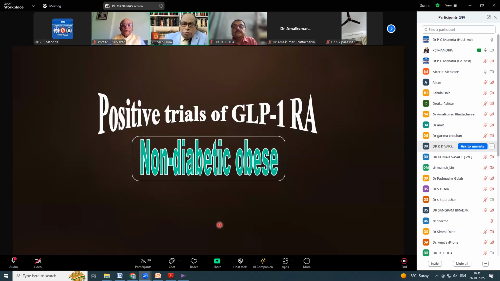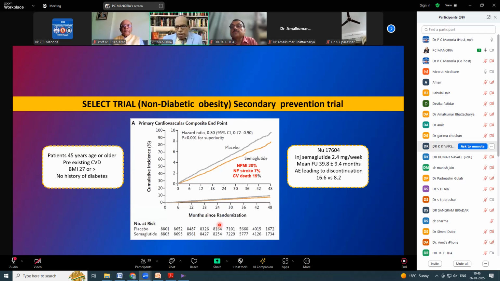So what are the positive trials of GLP-1 receptor agonists in non-diabetics? We have a lot of data of semaglutide in diabetic patients. They have improved CV outcome: the LEADER trial, the SUSTAIN 6, and other trials. Now, this is the SELECT trial, which was carried out in 17,000 patients. Semaglutide 2.4 milligram, gradually this concentration was achieved.